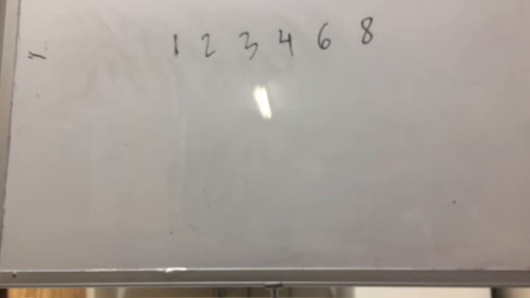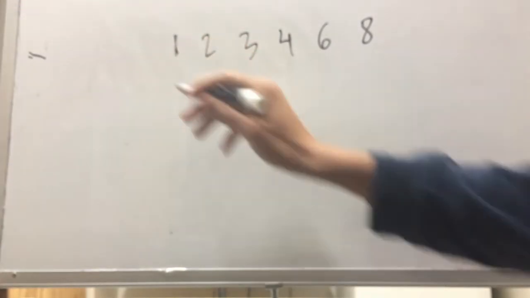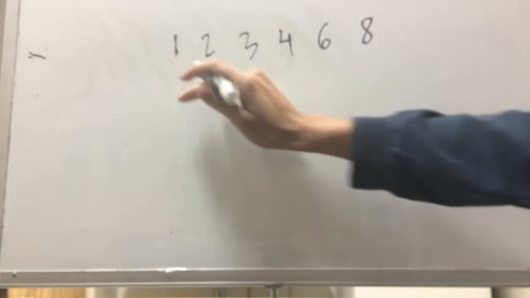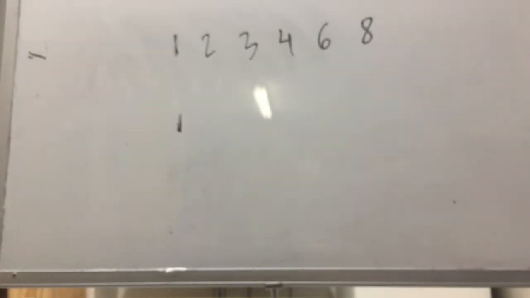So over here, what we are trying to do is basically come up with all the different combinations of arithmetic slices.